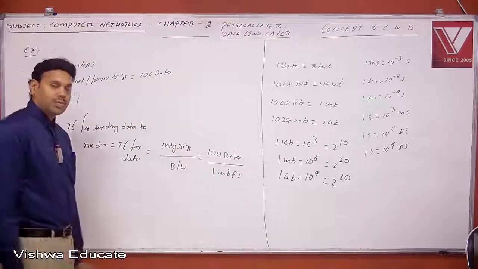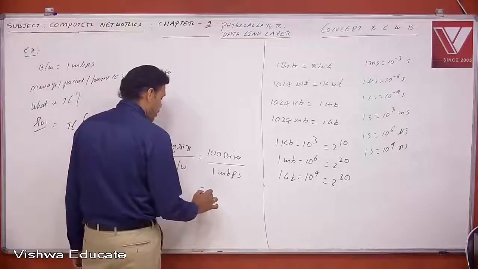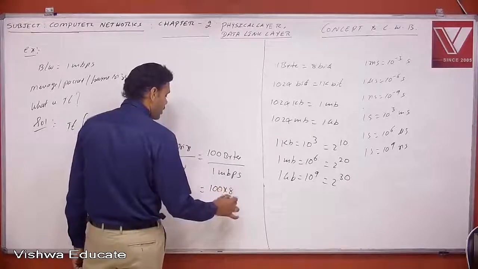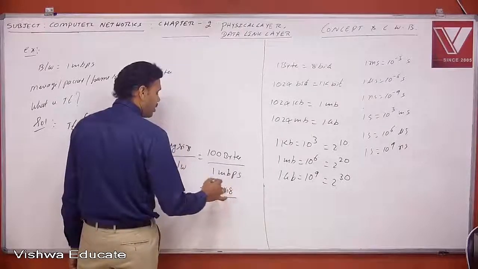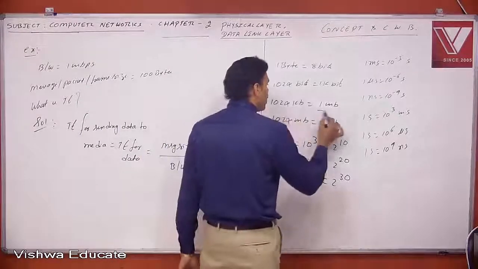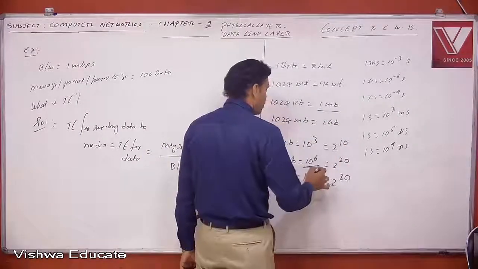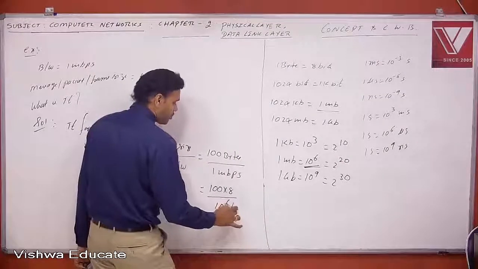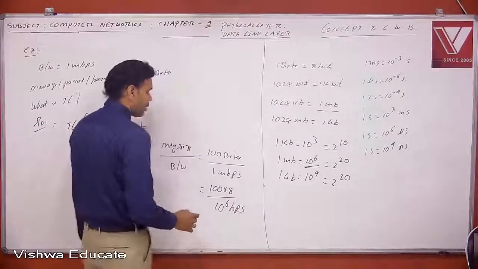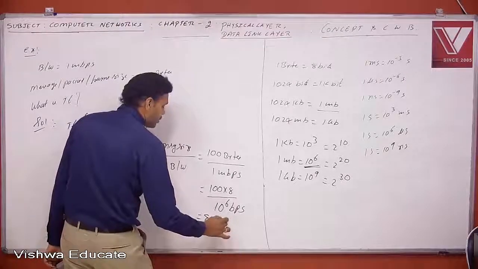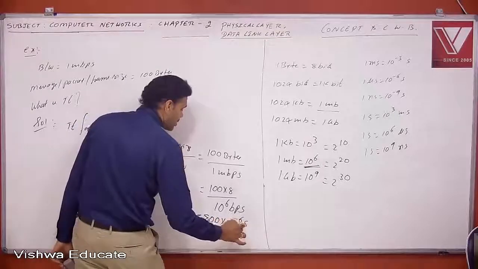Denominator is in bits and numerator is in bytes. Therefore, convert. So your 100 into 8 divided by 1 Mbps, how much can I write? 1 Mbps is nothing but 10 power 6 I can write. Then it becomes 800 into 10 power minus 6 s.